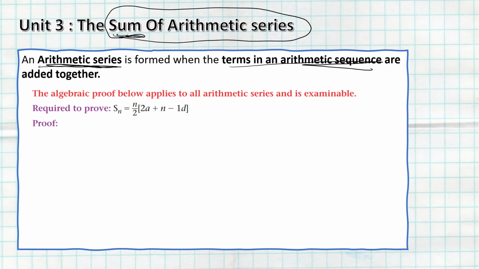Now, there's an algebraic proof that applies to all arithmetic series, and it's very examinable, right? So they can ask you to prove this formula for the sum of an arithmetic series. Remember, we are going to be adding terms of an arithmetic sequence.